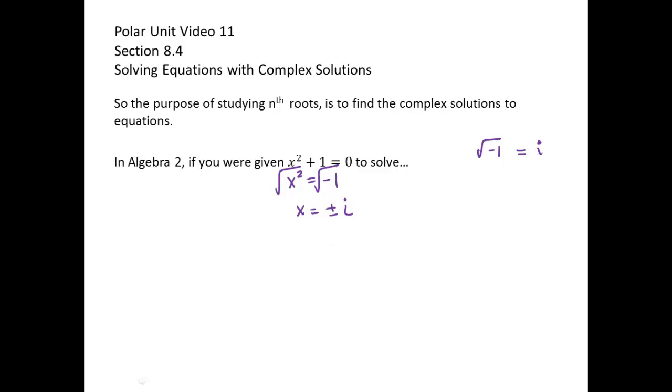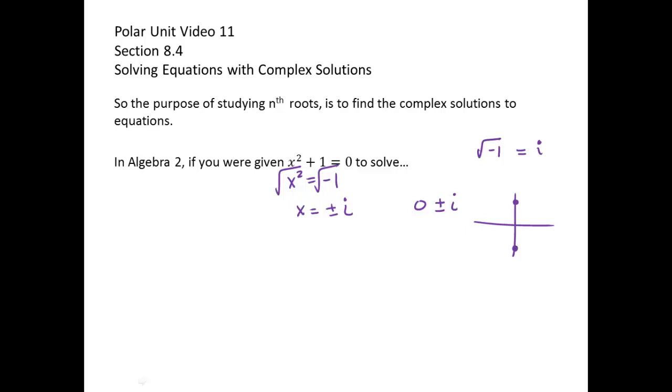So let's interpret this in polar form, because right now we have 0 plus or minus i. We have no real and we have the imaginary part. So to put this into cis form, our polar form, I want to think about the angle that's being involved. The angle that's involved here is 90 degrees when we use the positive i, and 270 degrees when we use negative i.